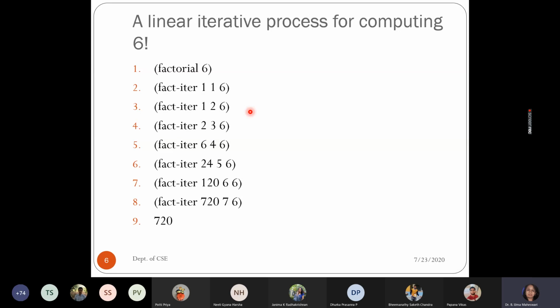Okay, I would like to tell you one more advantage of writing this program. Consider you have a call, right? And at this time, after calling fact-iter with 2, 3, 6, your program is terminated due to some reason, maybe power failure or something, because another process is suspended or something.